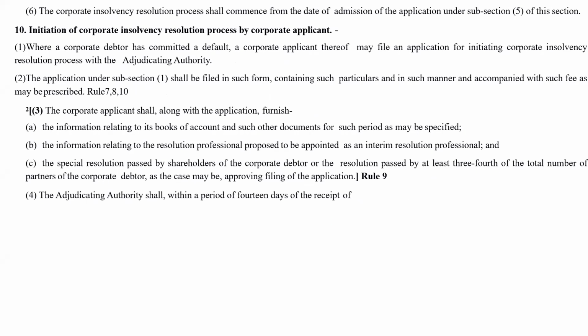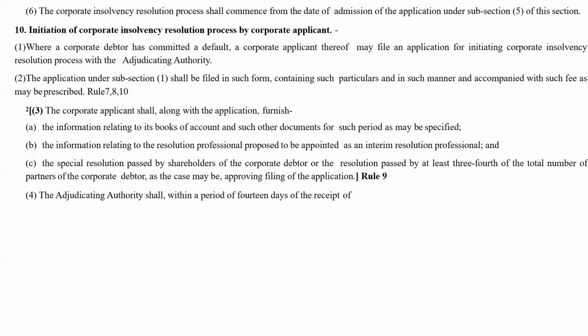The corporate applicant shall, along with the application, furnish the information relating to its books of accounts and such other documents for such period as may be specified. So they have to give the information relating to books of accounts, and information relating to the RP proposed to be appointed. So here also it is mandatory to give the name of the resolution professional who shall be appointed as IRP.